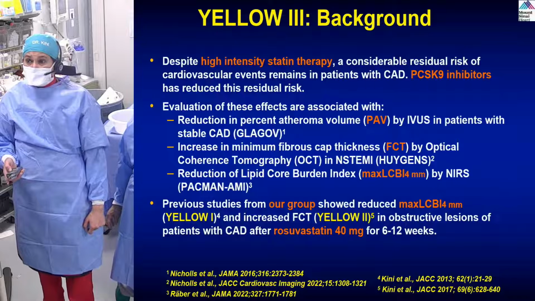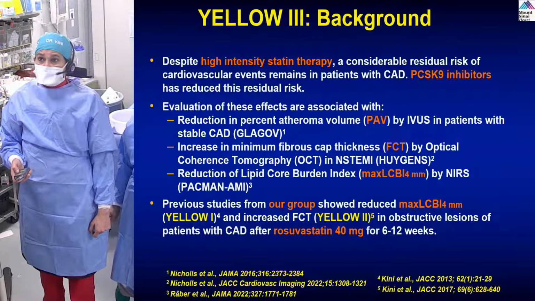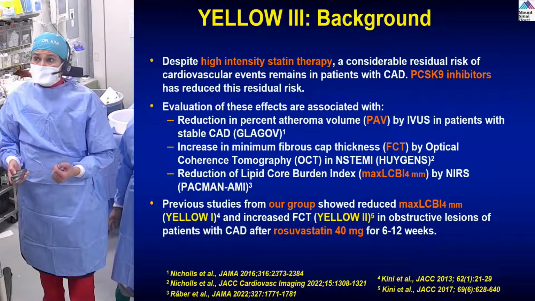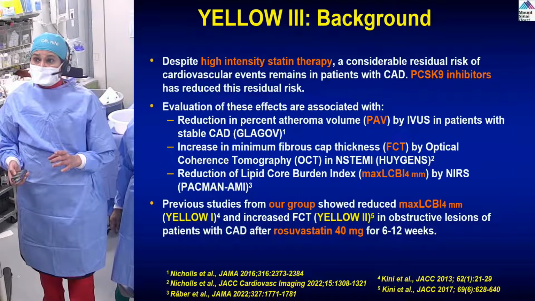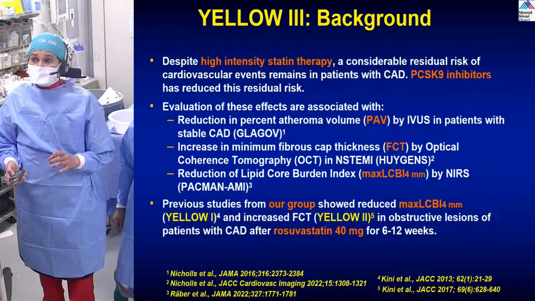So having done all that, we went on to stable CAD, and this time we used PCSK9. We know PCSK9 has been used in stable CAD in GLAGOV, where it showed that percent atheroma volume decreased by IVUS.